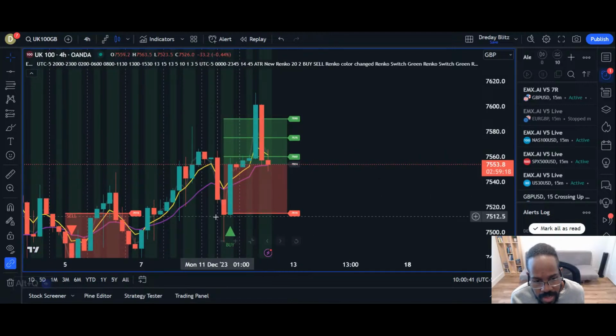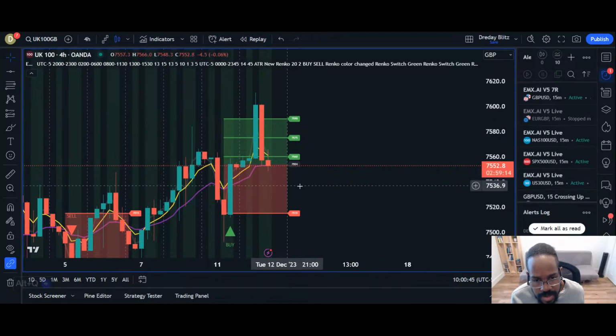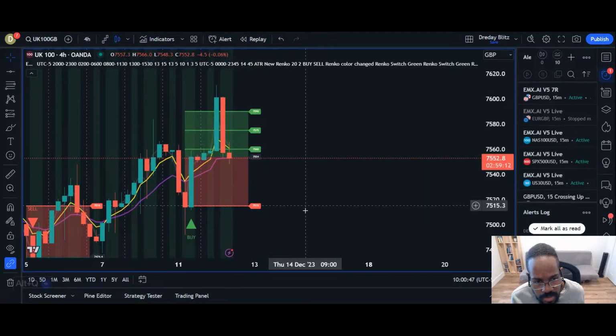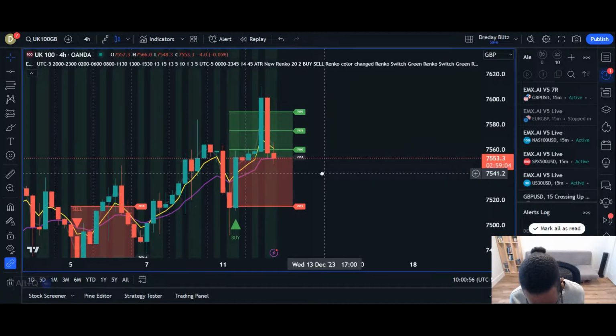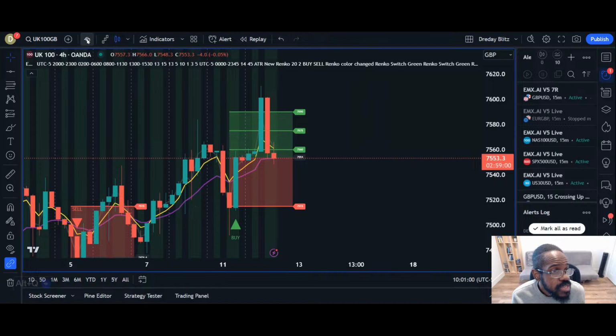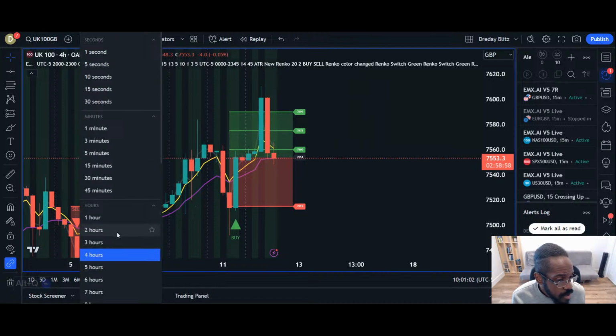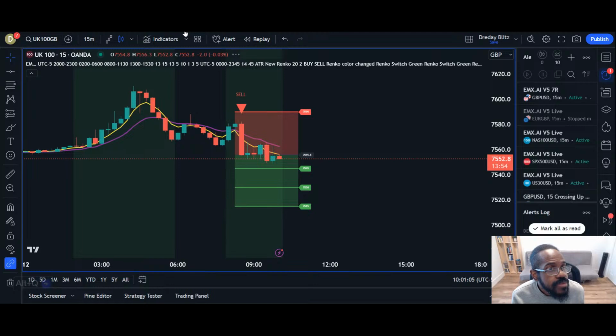If you had taken that 4 hour buy signal, that was perfect. But now we're looking to have a retracement here. So I'm expecting at least the next week to have a bearish movement here on UK 100. That's only off of the 4 hour candles chart.